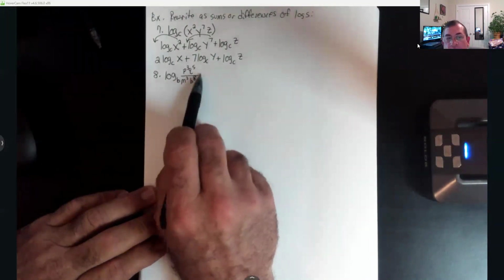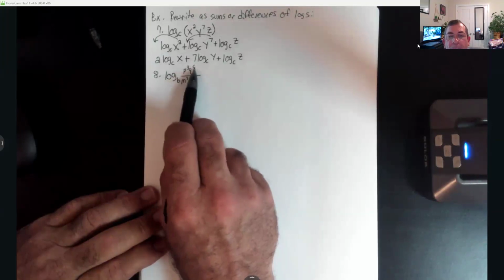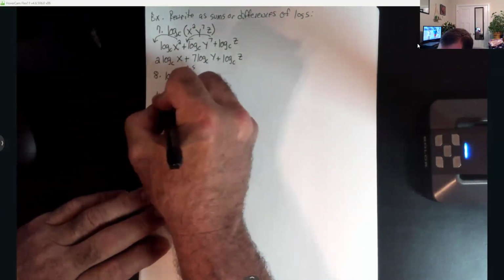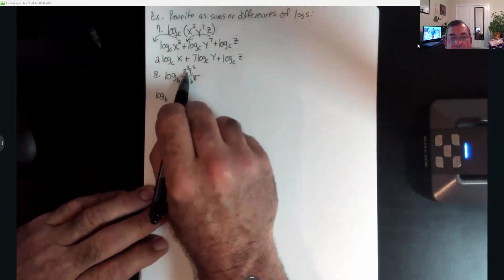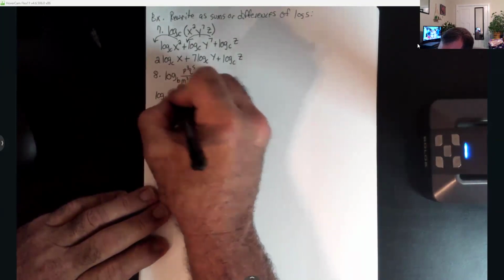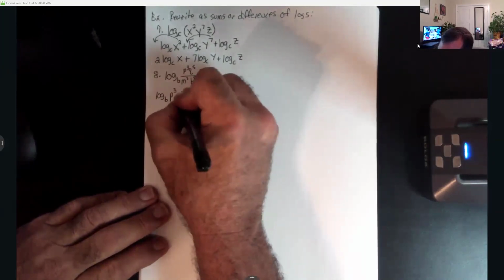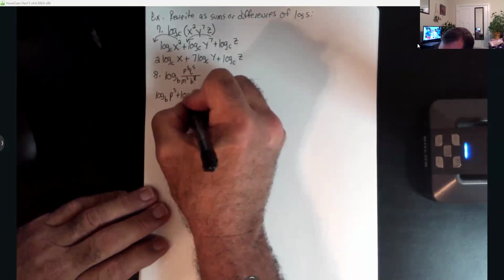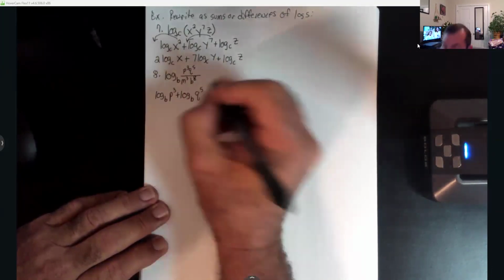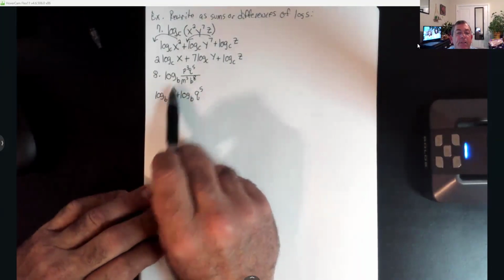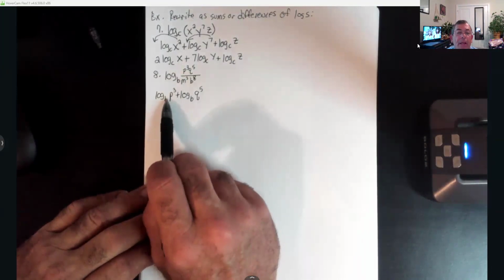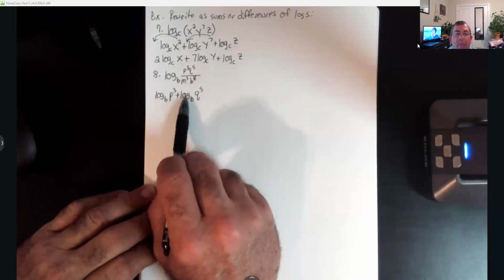So you're still doing the quotient rule, but the stuff on top, so watch this. We got our log b, we distribute to the P3, plus we got a log base b of q to the 5th. So since these 2 factors came from the top of the quotient, they got to be positive.